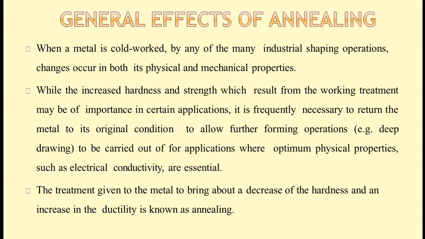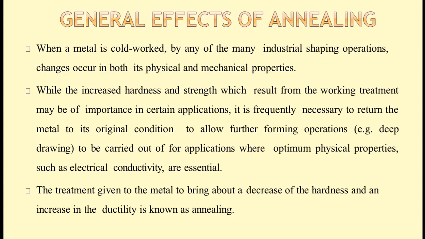Now, as we discuss the general effects of annealing, we find that when a metal is cold worked by any of the many industrial shaping operations, changes occur in both its physical and mechanical properties.